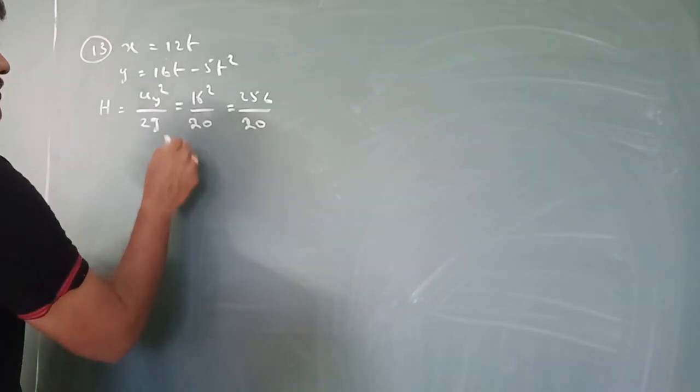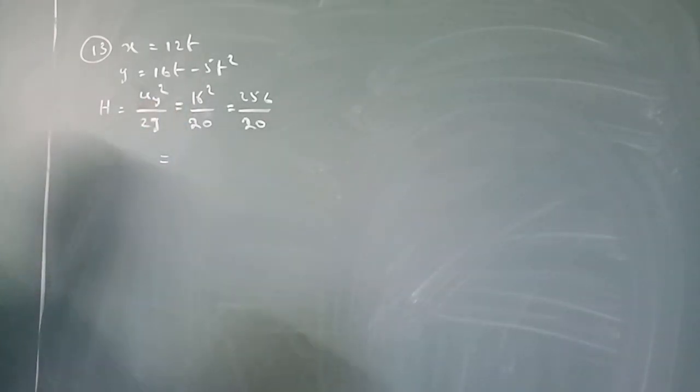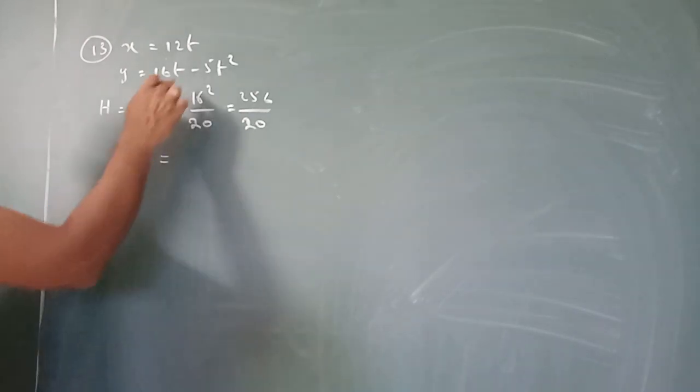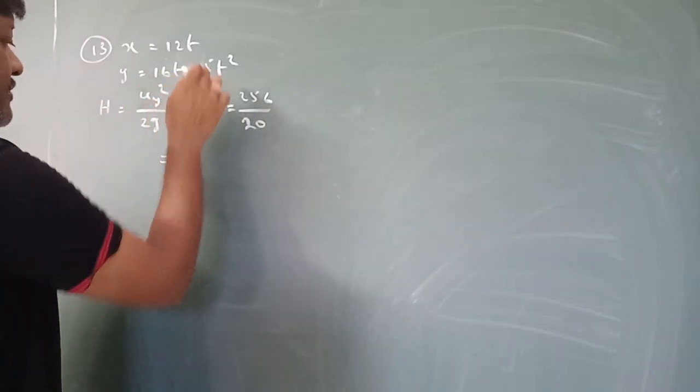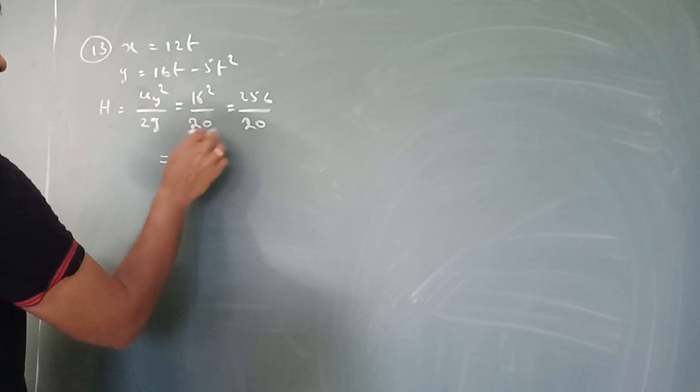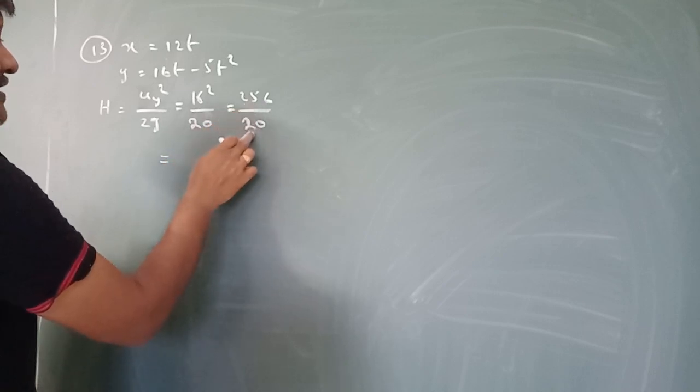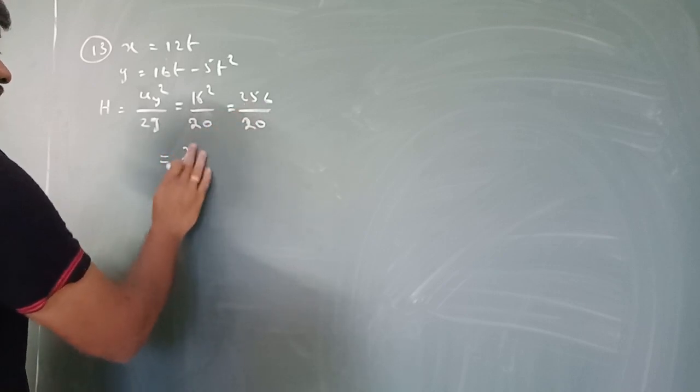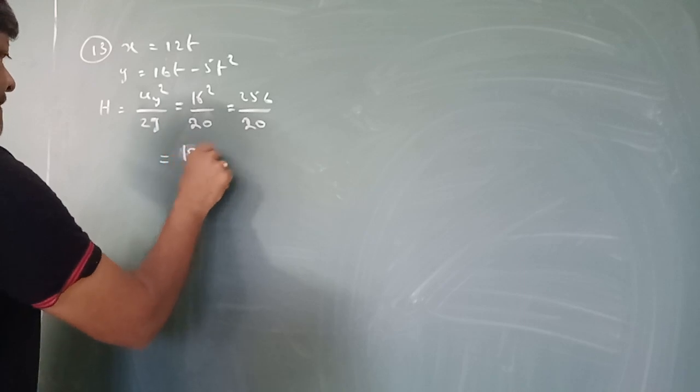Here half g is 5, g is equal to 10. That is equal to 256 by 20, 25.6 by 2, that is equal to 12.8.